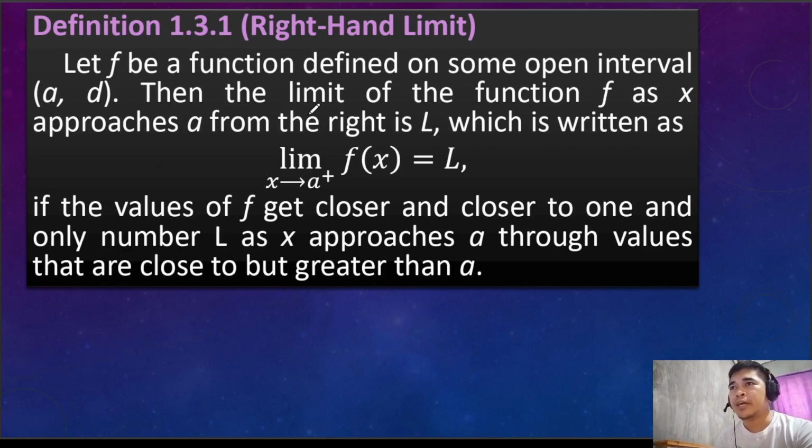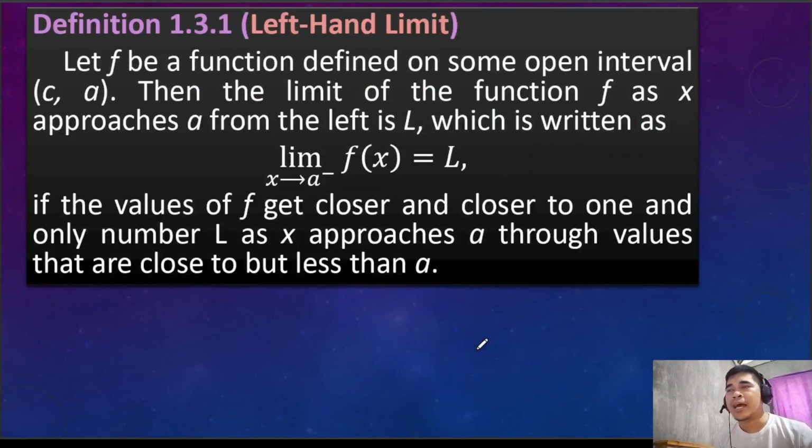Then the limit of the function f as x approaches a from the right is L, which is written as the limit of f of x as x approaches a from the right is L. The positive sign, the superscript, indicates from the right of a. If the values of f get closer and closer to one and only one number L as x approaches a through the values that are close to but greater than a. So the right-hand limit are the values that are close to a. They're closer and closer but greater than a.